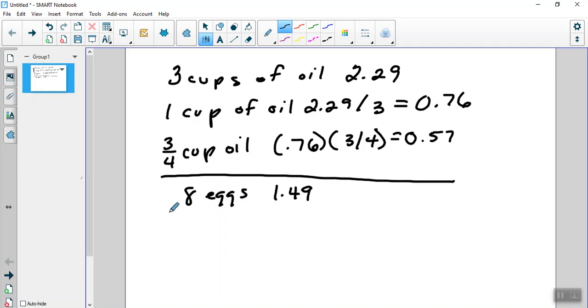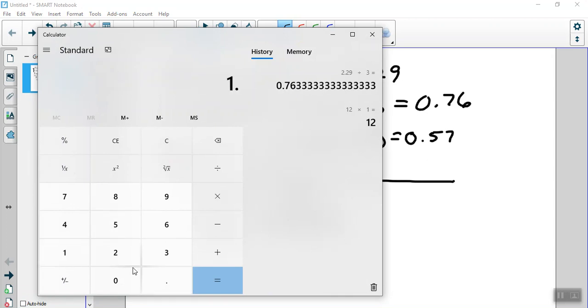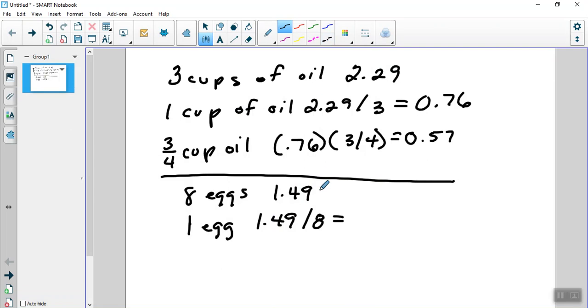So I'm going to find the price of 1 egg by dividing it by 8. $1.49 divided by 8. So that's going to round to 19 cents for 1 egg. And now I need 3 eggs, so I'll multiply that by 3.